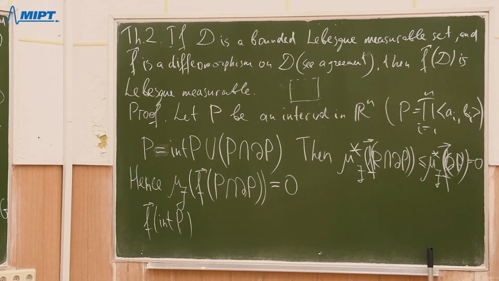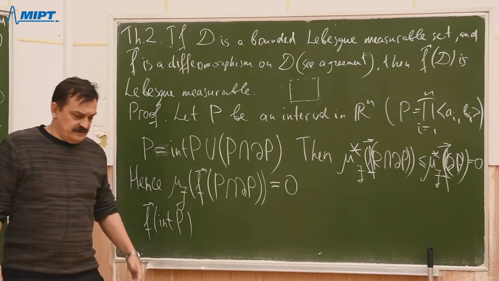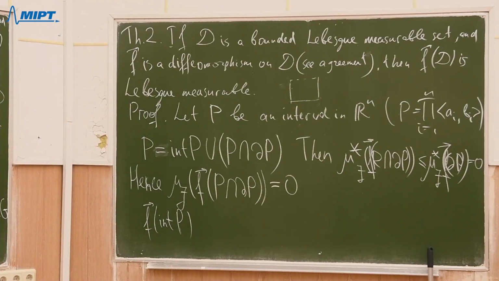Otherwise it makes no sense because there is no f. Then we know that if f is a diffeomorphism, its Jacobian is never 0, right?